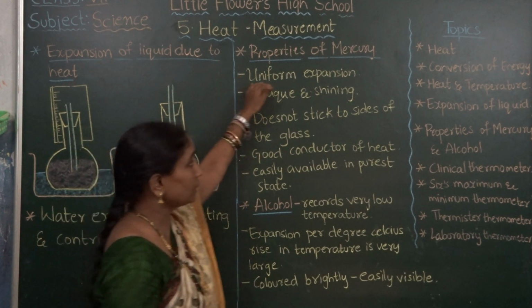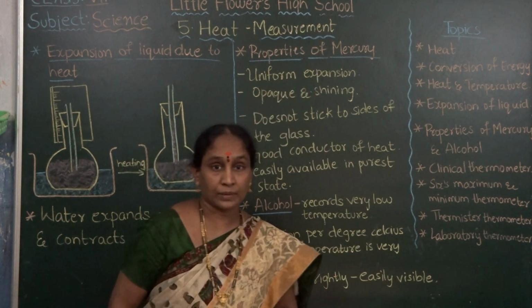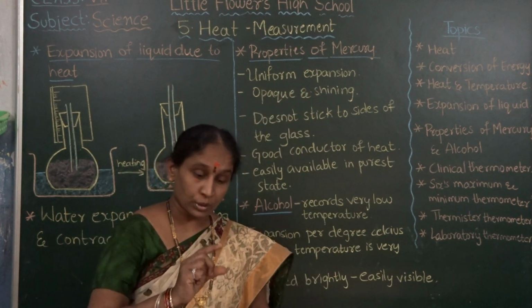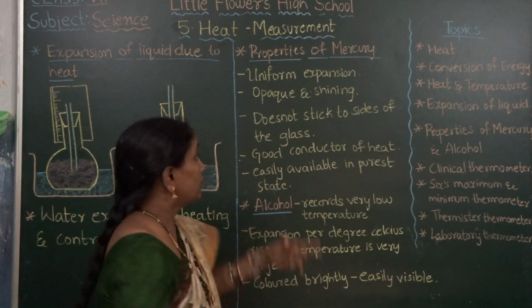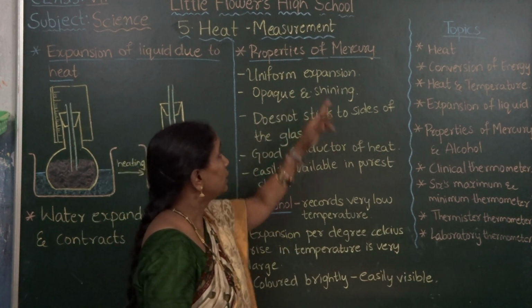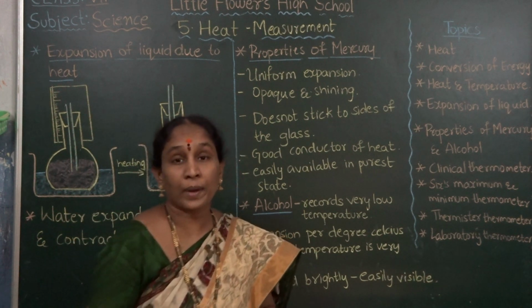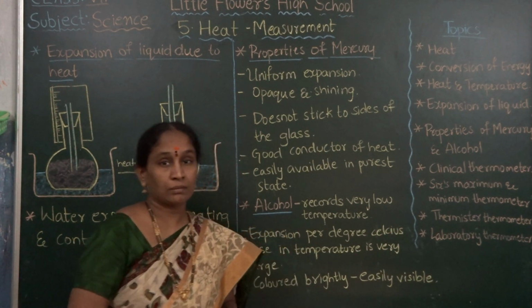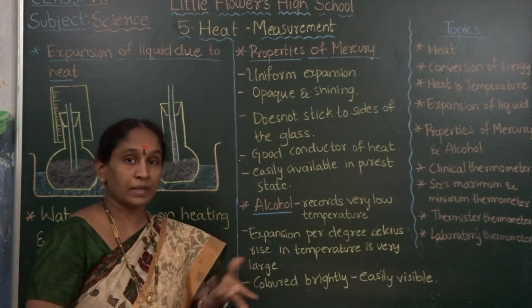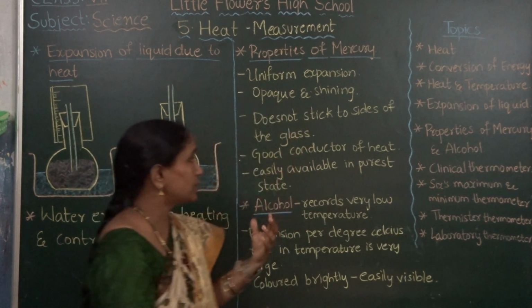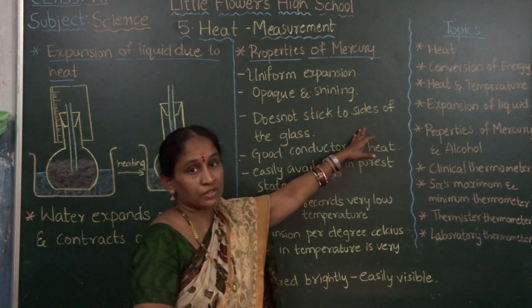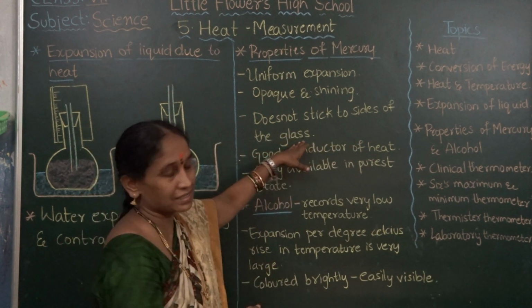Mercury has a uniform expansion. The whole level of the mercury will expand uniformly. Next, it is opaque and shining. An opaque substance cannot allow light rays through it, and it shines.